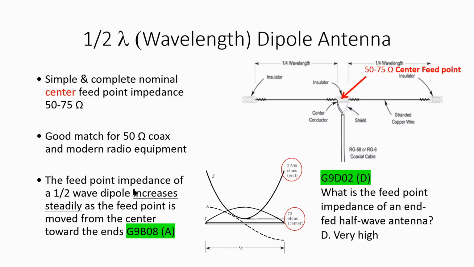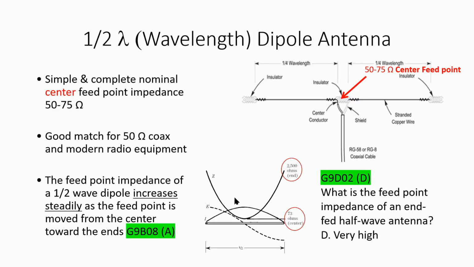Now, if you notice here, one of the questions is the feed point impedance in a half-wave dipole increases steadily as the feed point is moved from the center toward the ends. There's the question number. This diagram shows you that in the center of this dipole, you have 0 voltage, and you have maximum current. Come on back, there's your current curve.